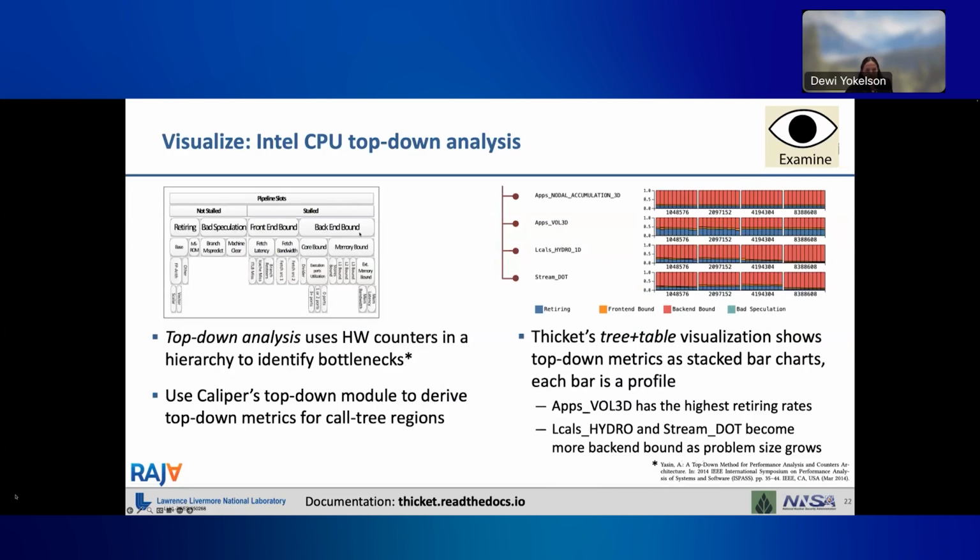Back-end bound is probably what you hear about the most, whether something's memory bound or core bound. Those are both back-end bound sub-levels. But basically we can use the PAPI metrics to determine where these bottlenecks are in the application, or in each of the kernels in this case.